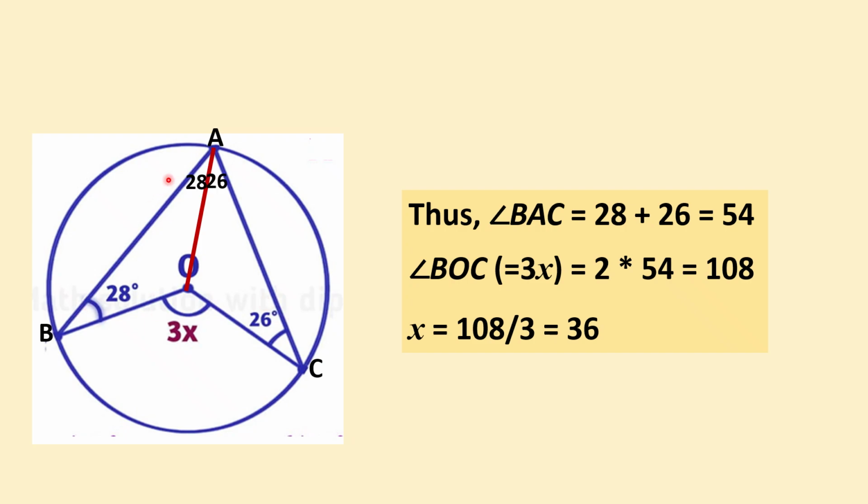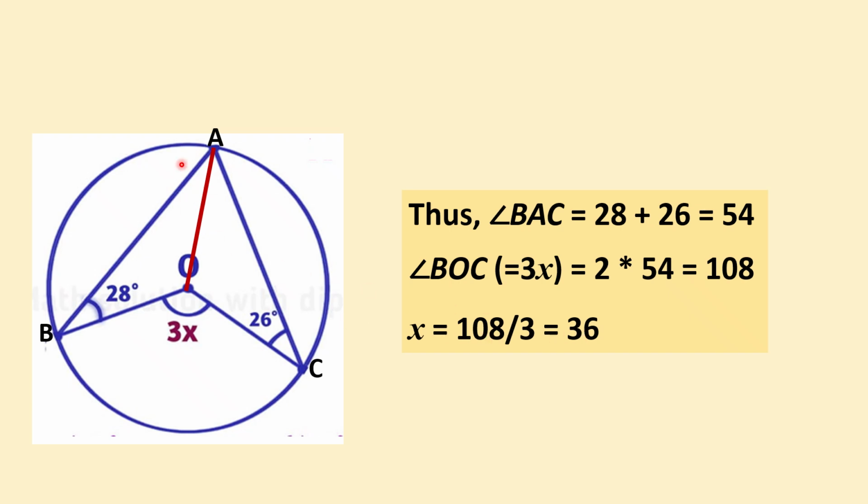So the angle BAC is 28 plus 26. That is the angle at the circumference. So the angle at the center, angle BOC, will be double. So that angle BOC is 108. 2 into 54, 108. 3x is 108. So x is 36. Right?